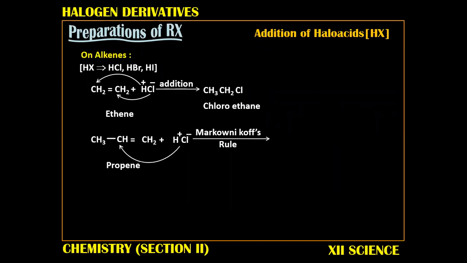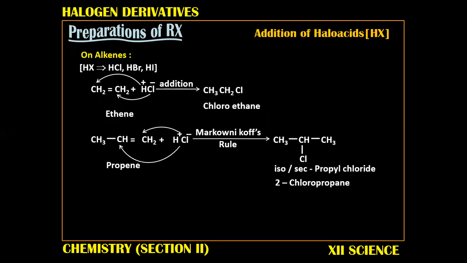See now, chlorine will go to the middle carbon and hydrogen will go to the first carbon. So we get 2-chloropropane as the major product. Here you write down this is the major product. We get a minor product also. The minor product is 1-chloropropane, but 2-chloropropane is the major product.